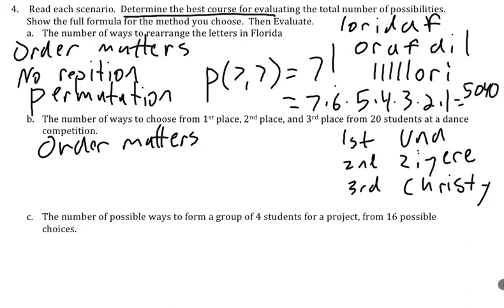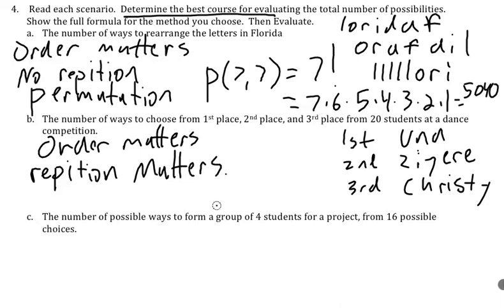Is repetition allowed? Well, you can't give Una first place, Una second place, and Una third place. And you also can't give Zaire first place and then Christy second, Christy third. It would make no sense to repeat. So now that we've thought about an example, order matters, no repetition.